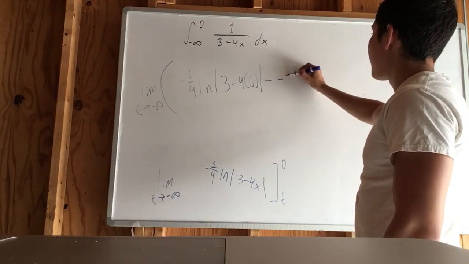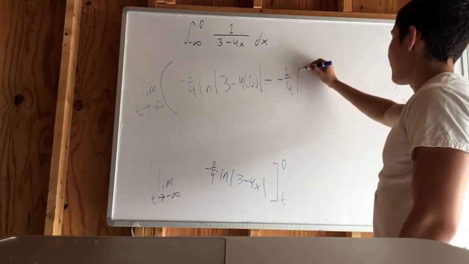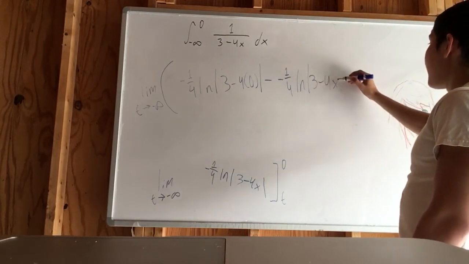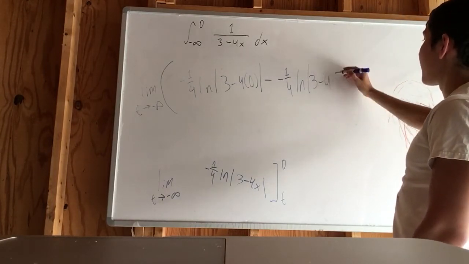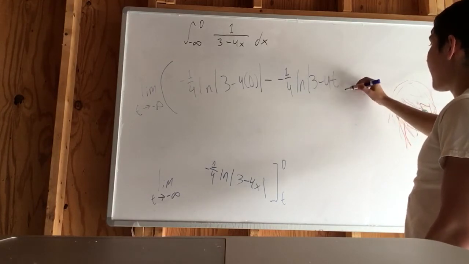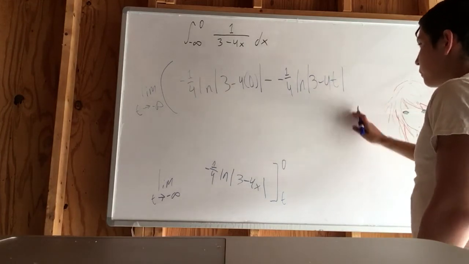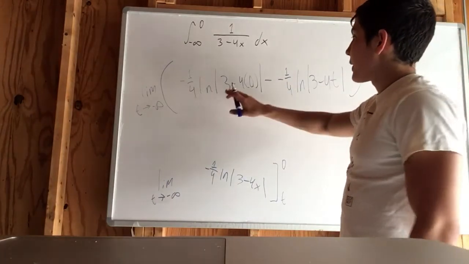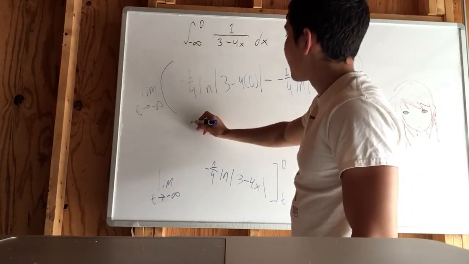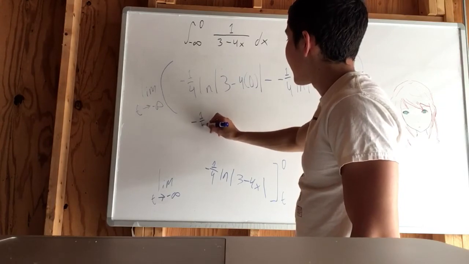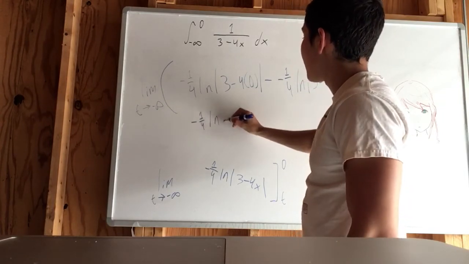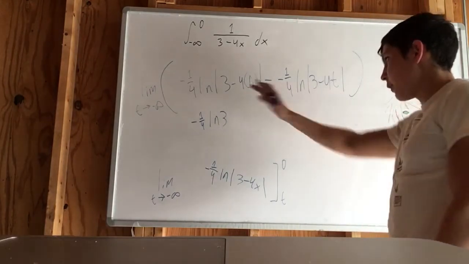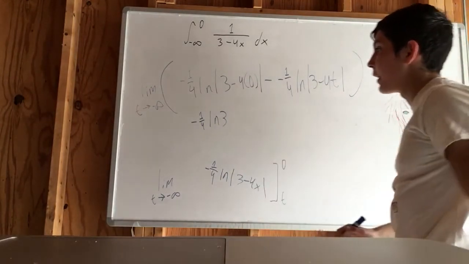Minus negative 1/4 natural log of the absolute value of 3 minus 4t is what we're going to replace this x with. So here, we just get this number. We get negative 1/4 natural log of 3. This becomes 0, and so you just get absolute value of 3, which is 3.